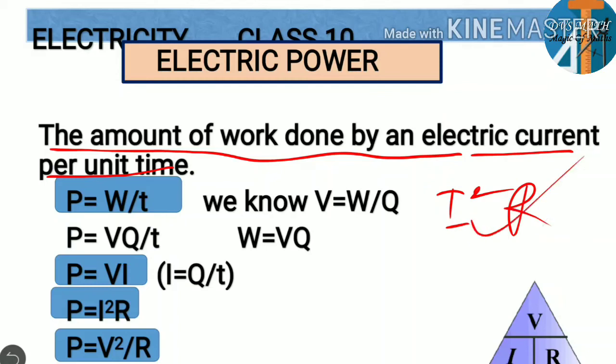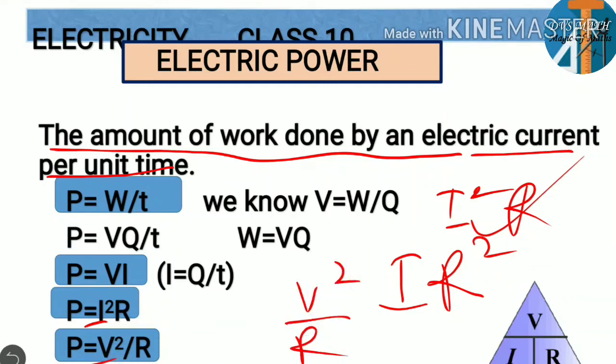So yes, it is right. I R square, can it happen? No. Here we have I square and V square. I don't have R square. Remember, if it is combining with I, it is I square R, or if it is combining with V, it is V square by R. So these all four are the formulas for power.